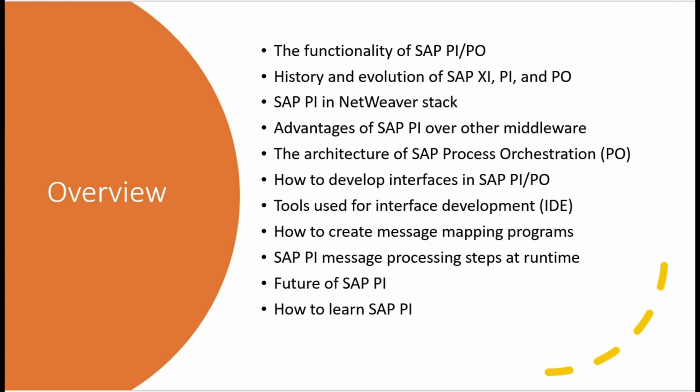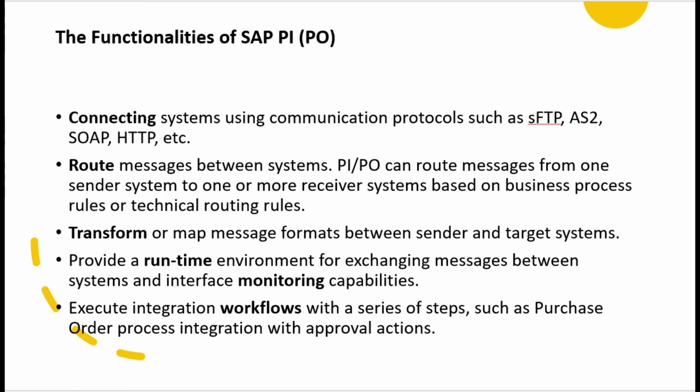Now, we will not go deep into what is A2A and B2B, but both synchronous and asynchronous communication techniques can be used. Most importantly, it provides a central location for an organization to build, integrate, and monitor interfaces between the heterogeneous systems in the landscape.